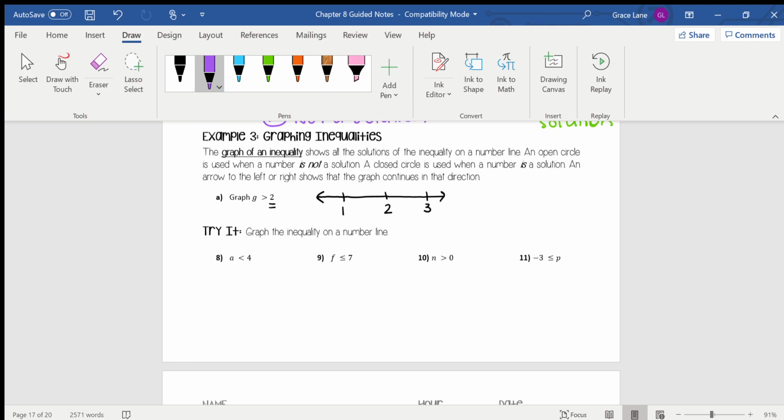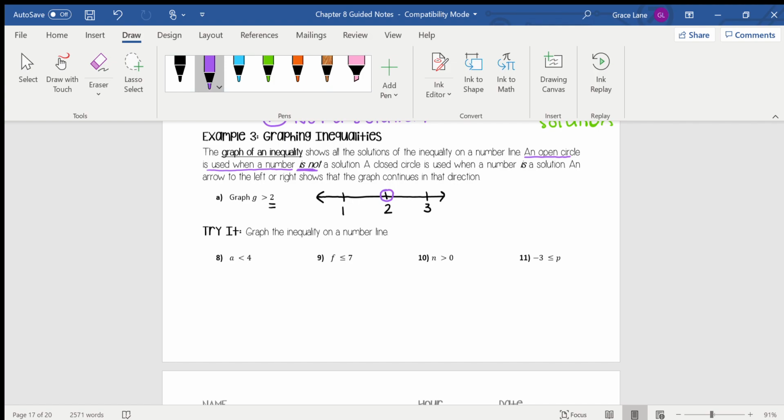And so if you think about it, the number 2 is not included in that because 2 is not greater than 2. And so it says an open circle is used when a number is not a solution. So 2 is not included, but you still mark it because that's where you're starting. So you put a circle around 2, it's not colored in because it's not included, and then you use an arrow going either to the left or the right to show that the graph continues in that direction.